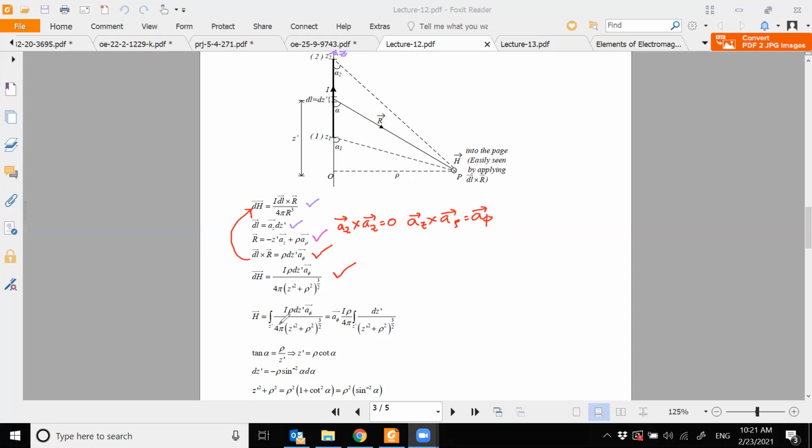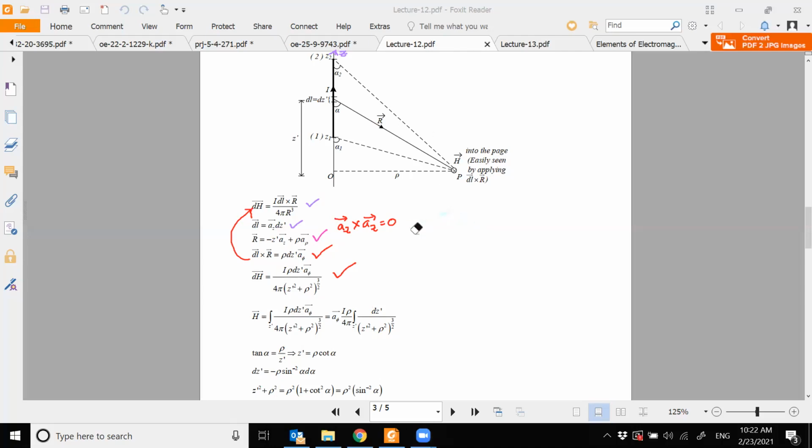From here, we can take the constants outside. What are my constants? The current I, and because the integration is with respect to dz', I can take rho outside. So I rho over 4 pi. And can I take the unit vector a phi outside?